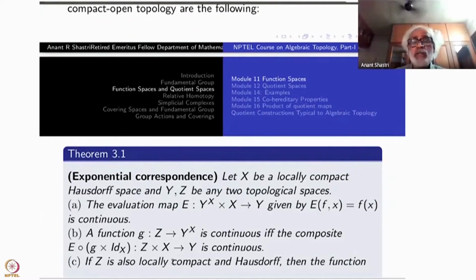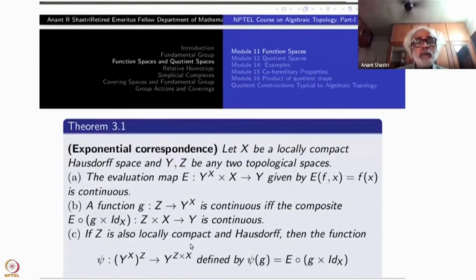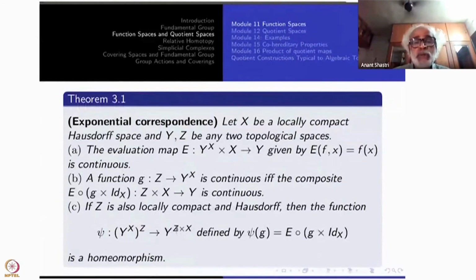So let us see what is the proof of this one. Before that, let us look at the third condition here. This actually tells you the law of exponentials is valid inside these continuous functions, just like it is valid for sets.